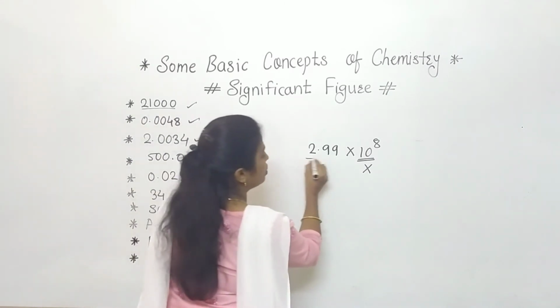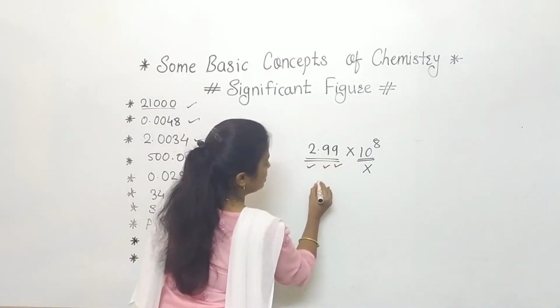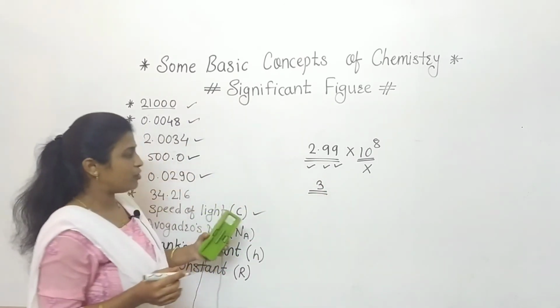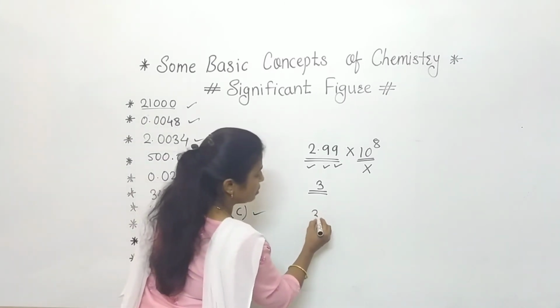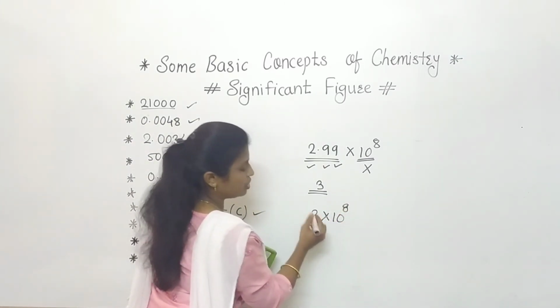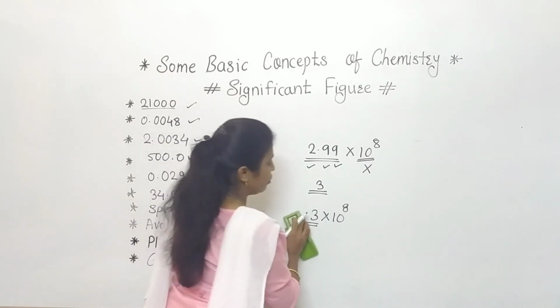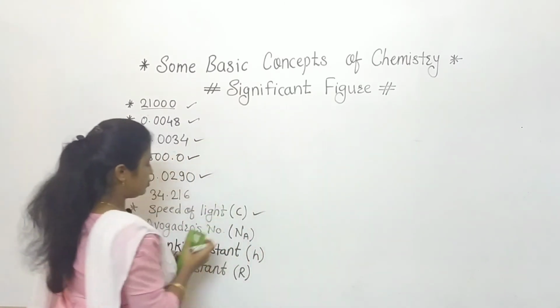Just focus on this part. In that there is no 0, so 1, 2, 3. The significant figure for the speed of light is 3. If it is taken as 3 into 10 raised to 8 or 9, then we have to consider only one significant figure. Clear to everyone? So this is complete for the speed of light.